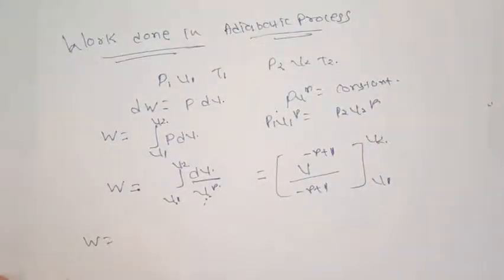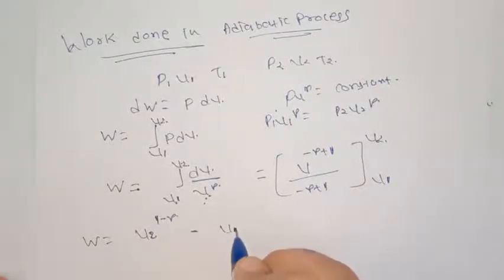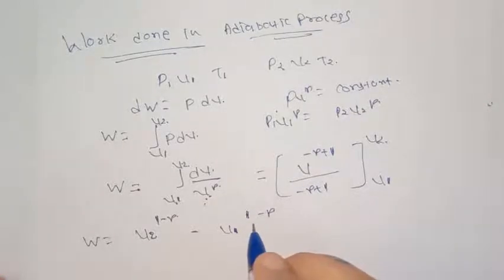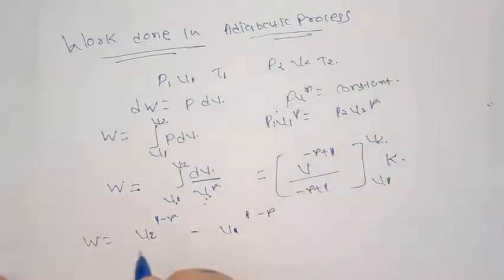So work done will be equal to V2^(1 minus gamma) minus V1^(1 minus gamma), into some constant K, divided by 1 minus gamma.